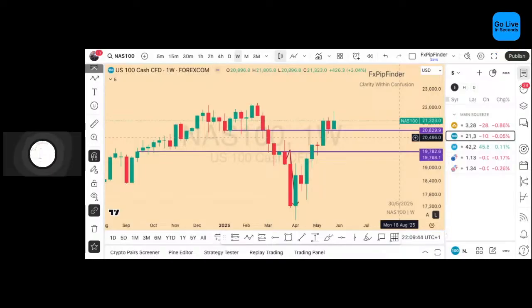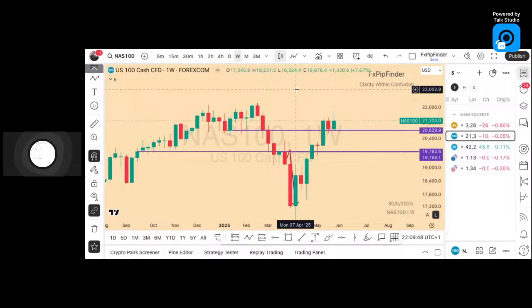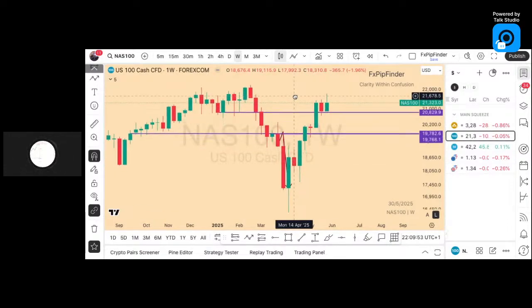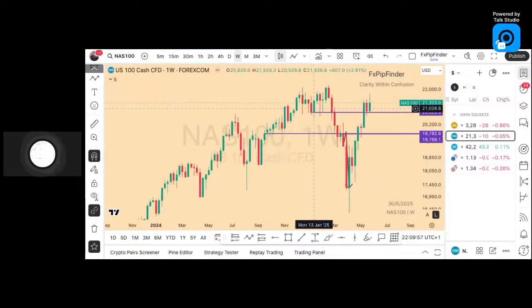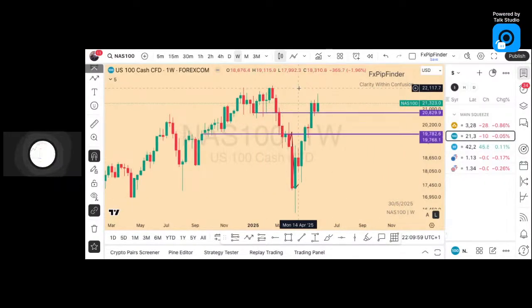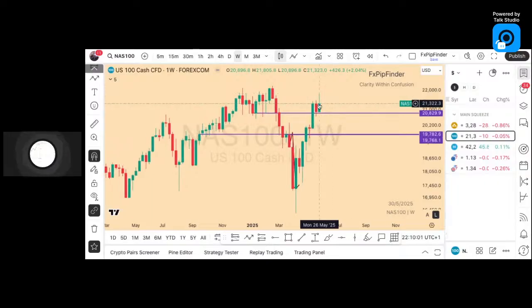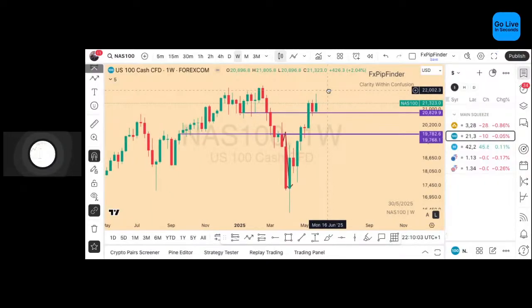The next thing I'm going to talk about is how do you use it. It's quite simple. Using the open price, I usually look at the higher time frames.